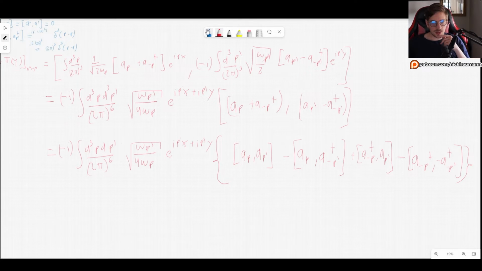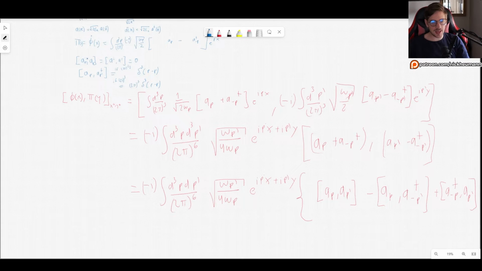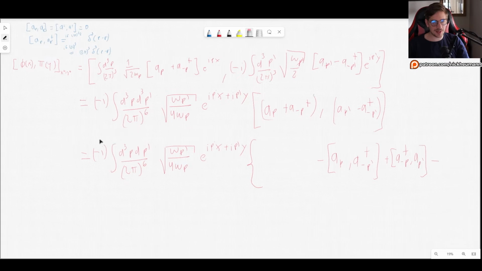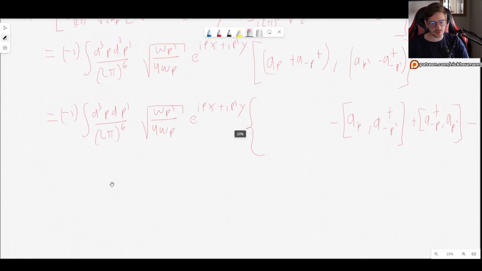So now, let's go back to the relations that we know. We know that the commutators between A and A are 0, and A dagger and A dagger, they are 0. So this is 0, that's easy. This is 0, that's easy. So no worries there at all. Now, the issue that might exist comes from this. Not really an issue, but at least that's a bit more difficult.